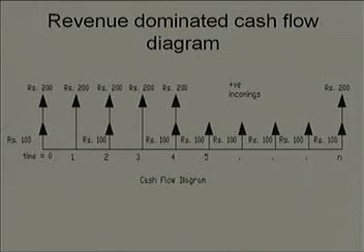Now, we will move to another class of cash flow diagram, which is called revenue dominated cash flow diagram. Just see this picture now, it is just the reverse of it. Now, all the information is provided only on the plus side. That means you are told only about the incomings, the return that you are going to get from a particular alternative.